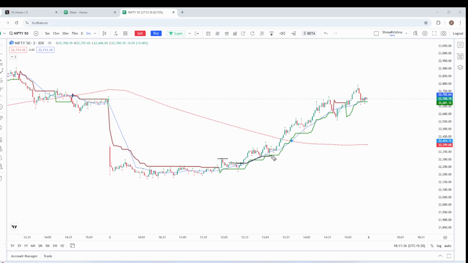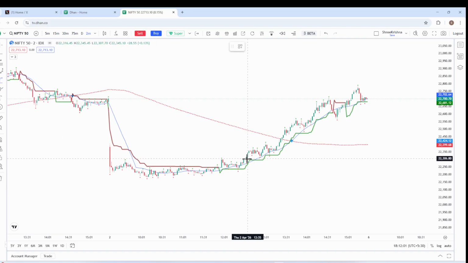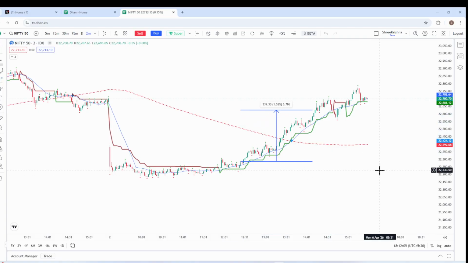The super trend and 20 period moving average both would have become your partner for the trailing stop. Once the price breaks below this fractal and makes a super trend low here, that would have been the exit. And let me calculate what you would have made on that particular trade. 339 points.